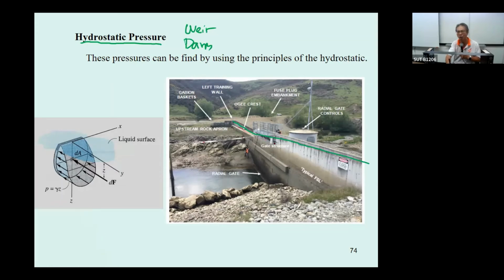When there is water on this level, the pressure of the water will act on the wall of this weir. So this is your duty as a water resources engineer. You need to design this kind of structure.